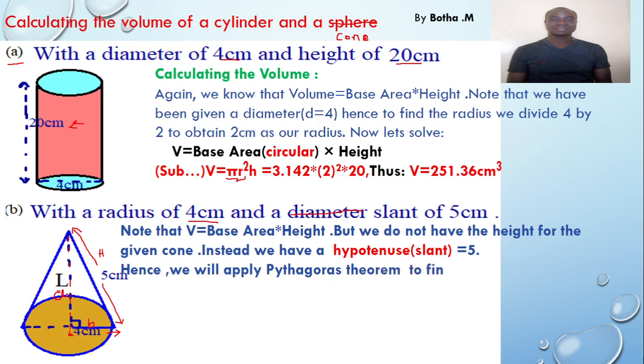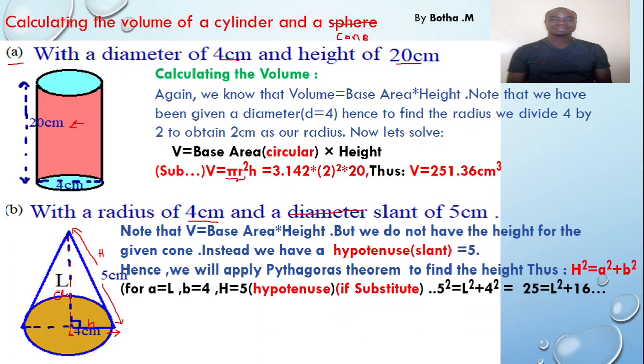By applying Pythagoras theorem, hypotenuse squared is equal to adjacent squared plus base squared. Now A is equal to L, which is the adjacent, and we don't know that height. We have B, which is our base, in this case our radius, which is 4 centimeters. And we have the hypotenuse, the slanting line, which is 5 centimeters.